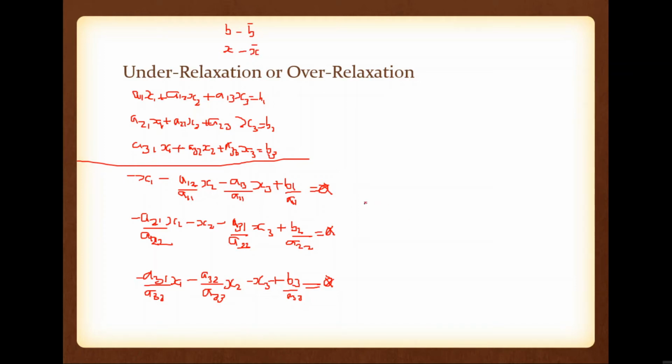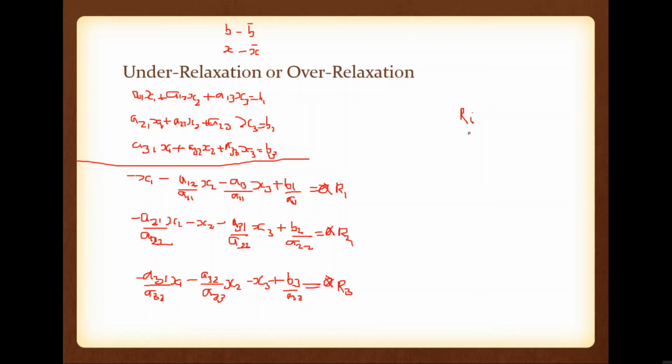Okay. So here the first one is residue R1, second is R2, third is R3. And what are we doing? We are comparing the magnitudes of the residues, and the largest one is picked. Say the largest one is Ri. If Ri is the largest residue, the indication is that the ith equation is giving the largest deviation.